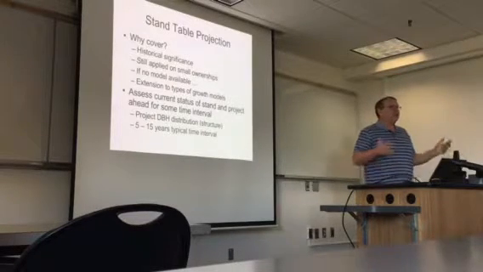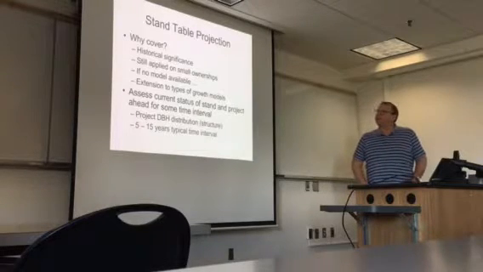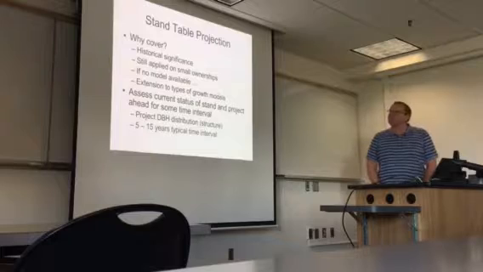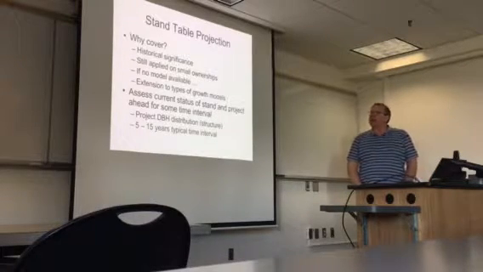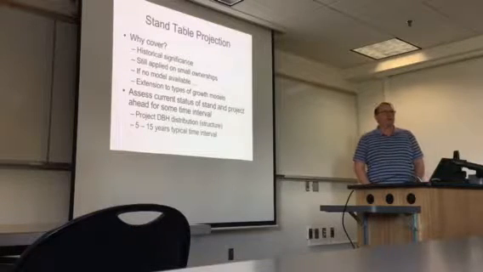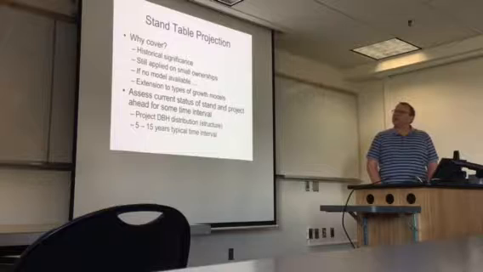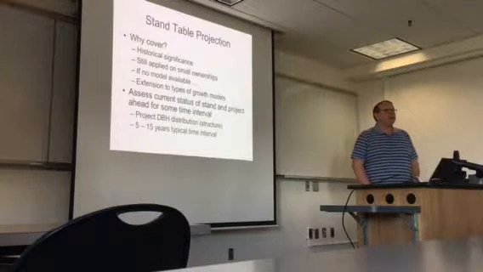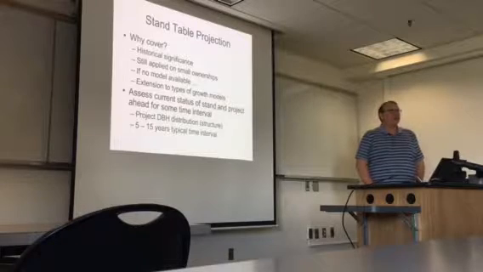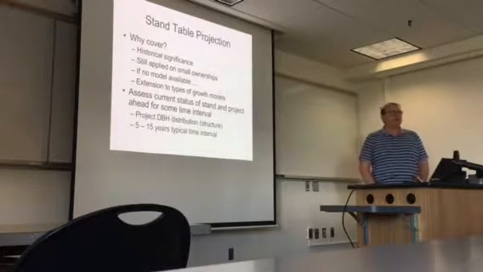So what's this technique all about? Well, basically we're going to assess the current status of the stand and project it ahead. And what we're going to project ahead is the DBH distribution. So we're looking at the horizontal structure of the stand. Typical time intervals for this technique are quite short, and you'll see why. 5, maybe 10 years, maybe up to 15.